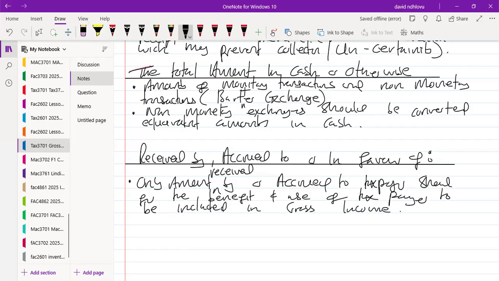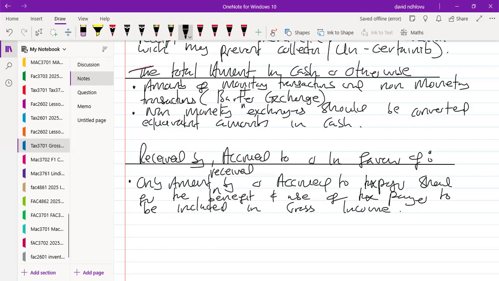Eventually those amounts that you receive and accumulate in your trust, you will have to release them to the relevant client. So you received the amount, or the amount accrues to you as the law firm, but it is not in your favor. It is in the favor of another. In the favor of another means another person will benefit from the amount, not you. So it will be included in the tax of the eventual recipient who is going to benefit from the use of the amount, not in the hands of the taxpayer.